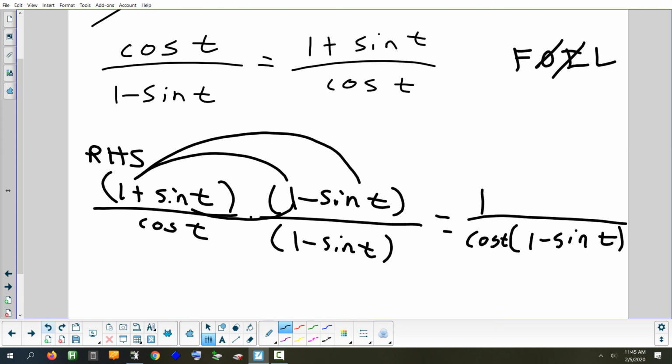We did the first, 1 times 1, and now the last. What's positive sine times negative sine? A positive times a negative is a negative, so negative sine squared.